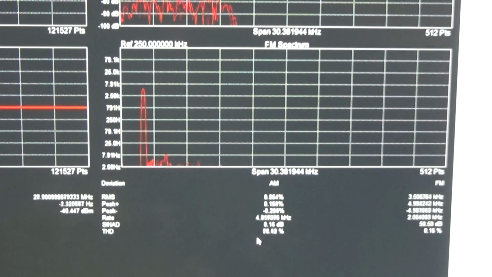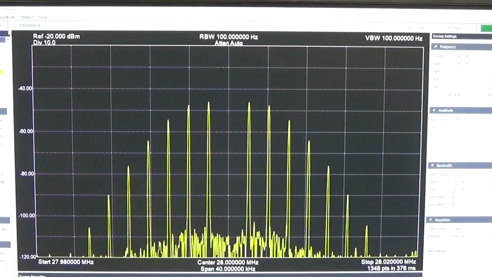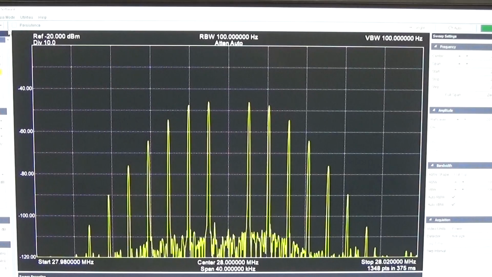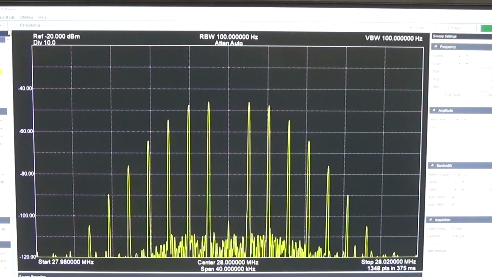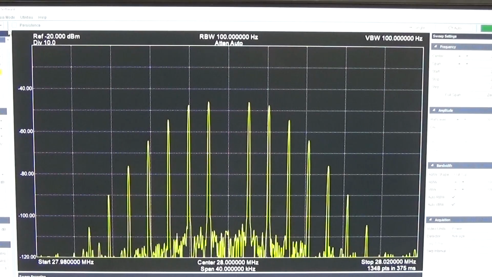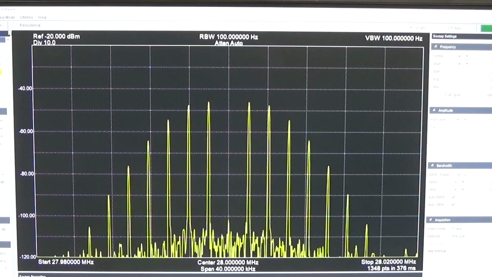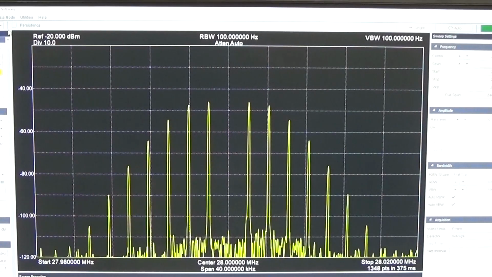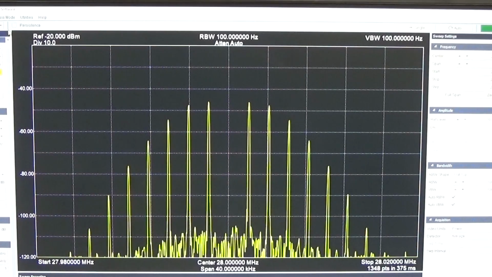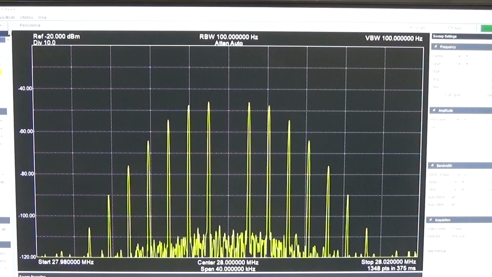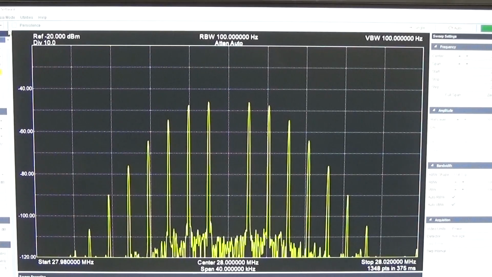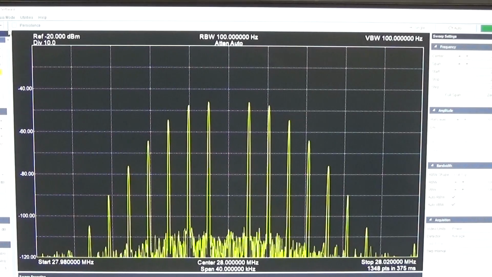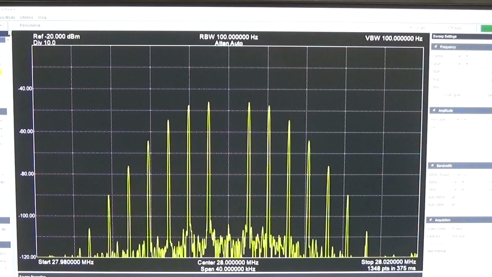All right, I hope that is what you were looking for when you asked for more information on FM modulation, to see how FM modulation looks on the spectrum analyzer, and how you are finally able to determine the deviation, and of course as well the audio frequency, how you can do it on your spectrum analyzer.